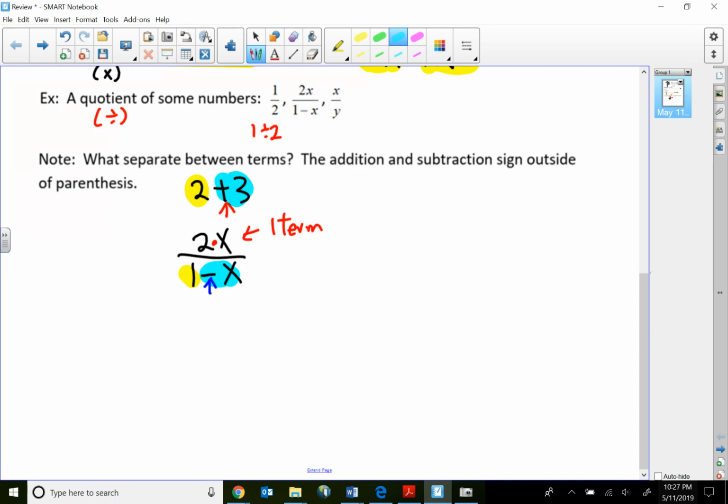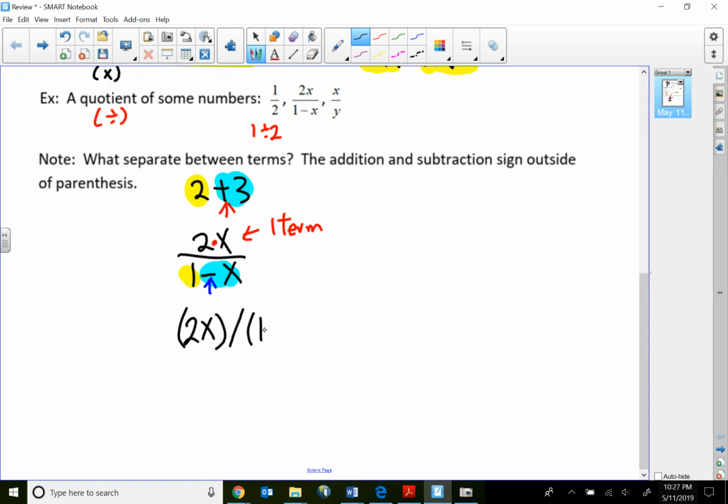Especially in this class, we've got to understand terms in order to key in expressions inside the graphing calculator. If I want to key in this expression, for my 2x, even though it's only one term on top, I will still put it inside parentheses, divided by 1 minus x, which is two terms representing one denominator.